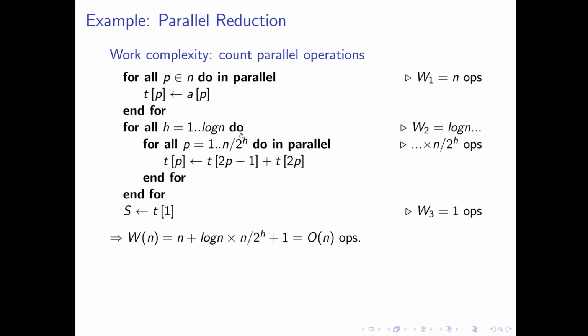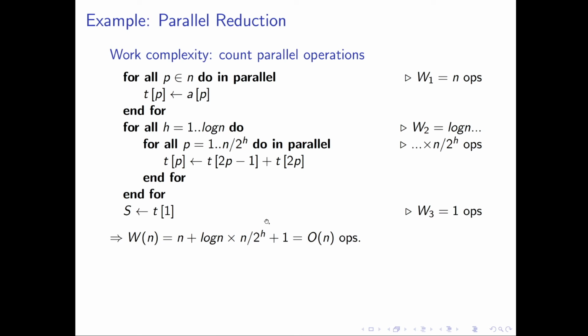Then we have our dominating for loop that is executed log n times, and each time we execute this inner for loop, we have the number of processors that participate, and thus the number of operations that are performed in the for loop.